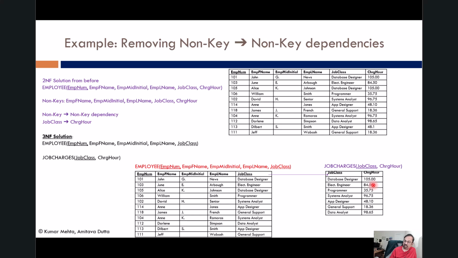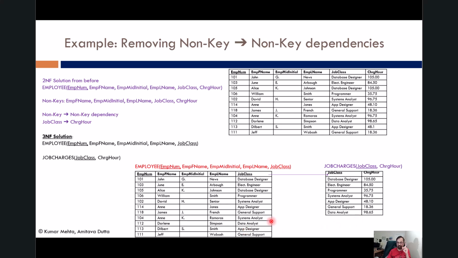Okay, and the same thing you would have with a delete anomaly. If an employee leaves, an employee leaves. That doesn't have any effect on the job categories. Okay, so remember that example that we had. We had one employee who was a requirements analyst, and if that employee left, then I also have to remove the information about the requirements analyst position having a rate of $200 an hour. That problem no longer remains now.